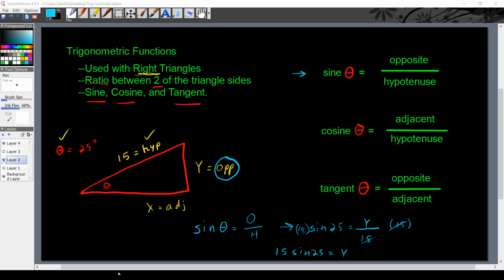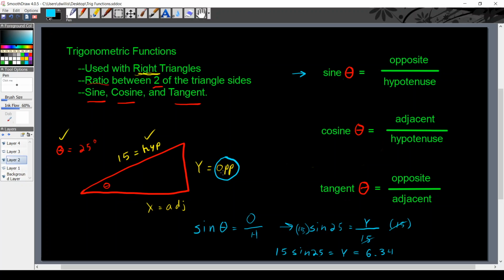As I punch in on my trusty calculator 15 times sine of 25, I get a value for y of 6.34. And so that means that the length of this side is actually 6.34.